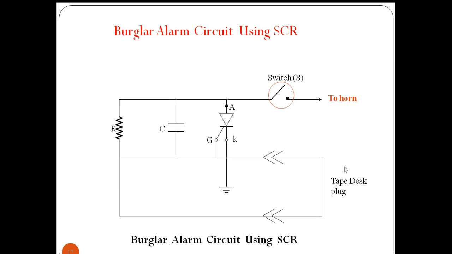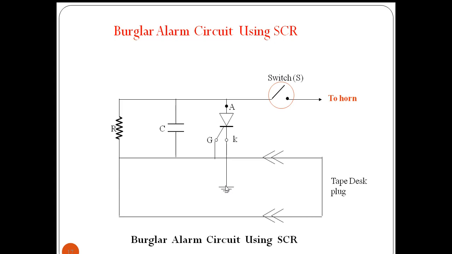This horn will be in series with the single phase AC supply and the switch through the thyristor. And this gate circuit will be normally grounded in normal operation. So these are the different parts existing in the burglar alarm circuit.